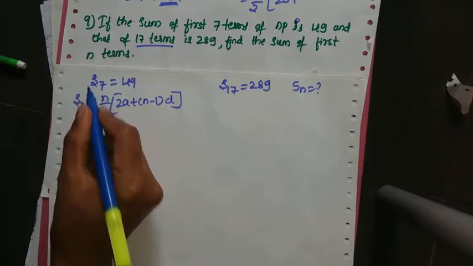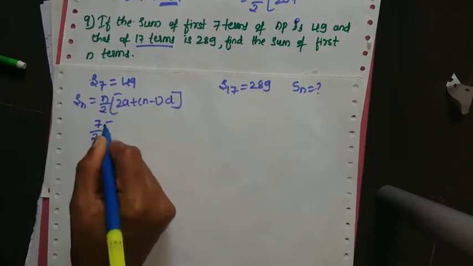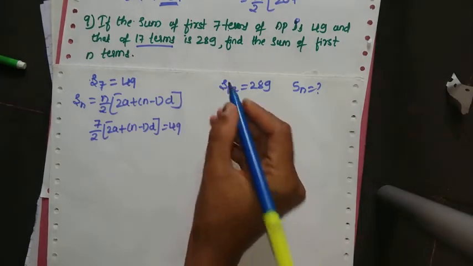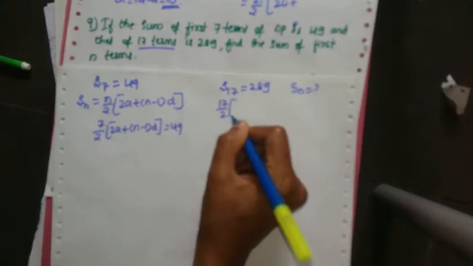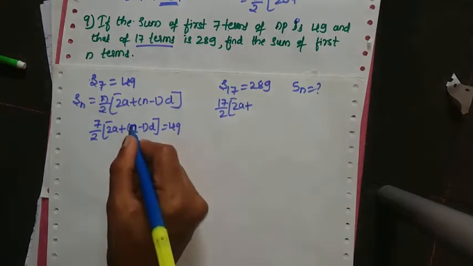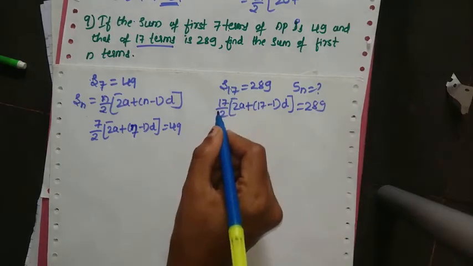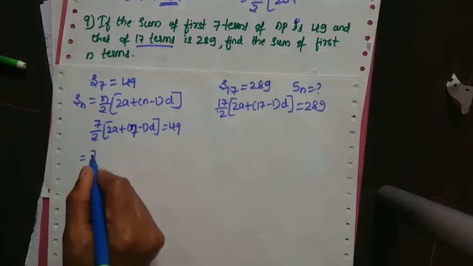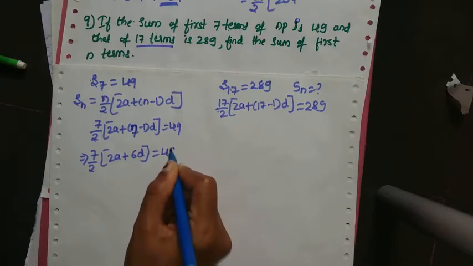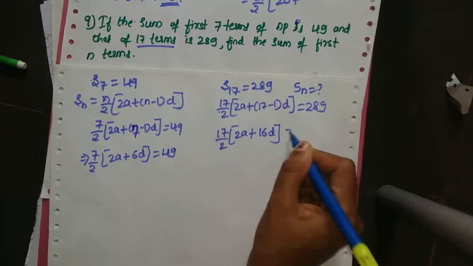I apply it first for S7. S7 is 7 by 2 into bracket of 2a plus (n minus 1) into d, which equals 49. Then for S17, in the place of n it is 17. 17 by 2 into bracket of 2a plus (17 minus 1) into d equals 289. So on calculating, 7 by 2, 2a plus 7 minus 1 is 6, so 6d equals 49. And 17 by 2, 2a plus 16d equals 289.